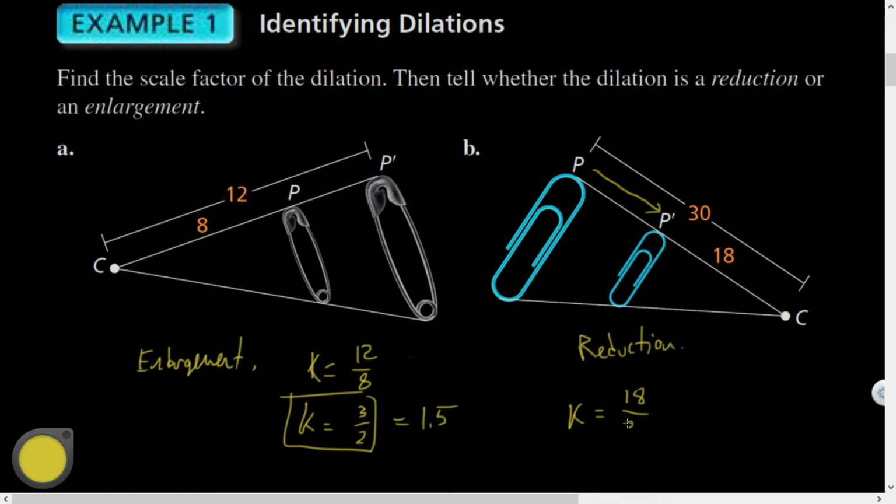And also, the fact that I knew this was a reduction, I would have expected the numerator to be smaller than the denominator in order for that to happen. Both of those can be reduced by 6. 6 goes into 18 3 times and into 30 5 times. So K is a 3 to 5 ratio for the scale factor, which, by the way, I believe is equal to 0.6. So linearly, it is 60% of the original values.